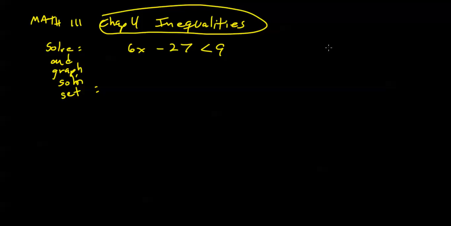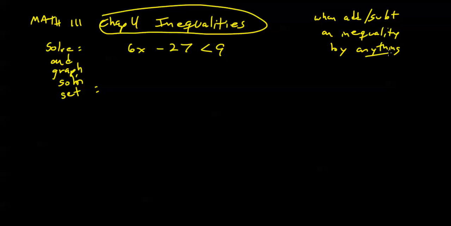Regarding manipulating inequalities, let me make some notes here. When you add or subtract an inequality through by anything, positive or negative, you leave the inequality arrow alone.